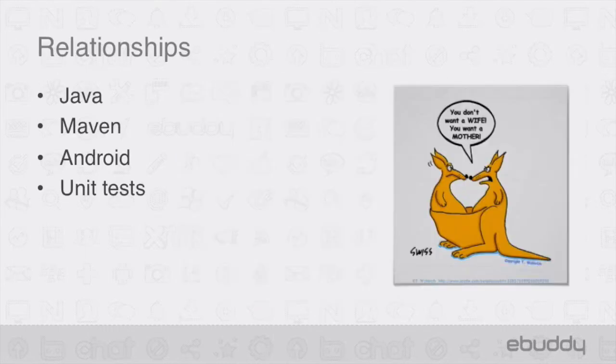Many things in the development world are the same. My favorite words, Java, Maven, Android, and unit test, are the same: there are drawbacks and pitfalls. I need to know them to be efficient.